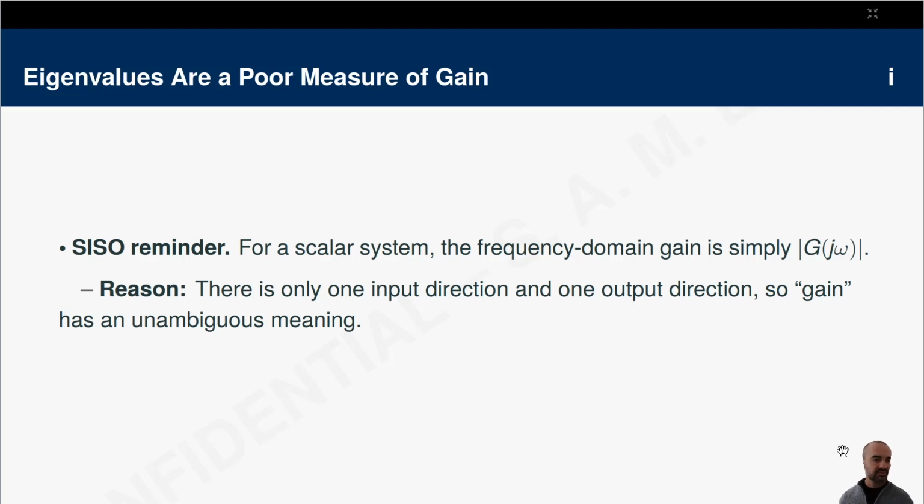This is from SISO, and I have given you this reminder many times. So gain in SISO is easy. It's one number, one meaning. There is no ambiguity because there's only one input and one output.